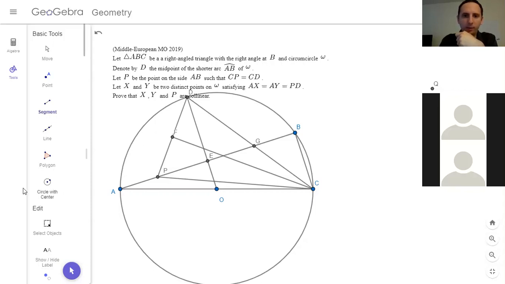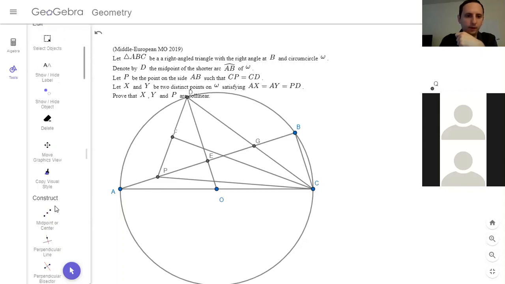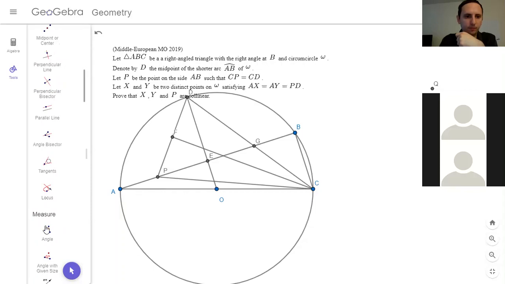So is APD similar to CBD? No, they're different, but DCP, so if this is X, are you saying angle ADP is X?